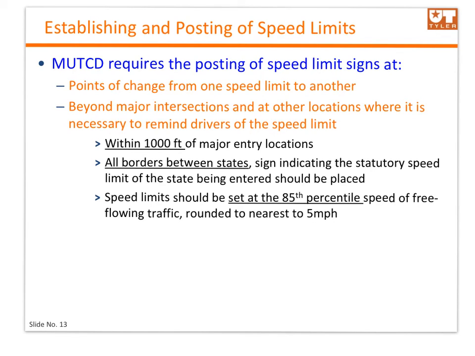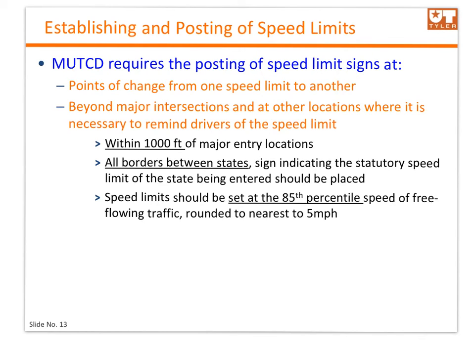We have to have a speed limit sign placed at all borders between states. A sign indicating the speed limit of the state being entered should be placed. Sometimes you drive on the same interstate, but one state has a higher speed limit than the other, or even lower. So by the time you cross the border from one state to the other, you have to have a speed limit placed there.